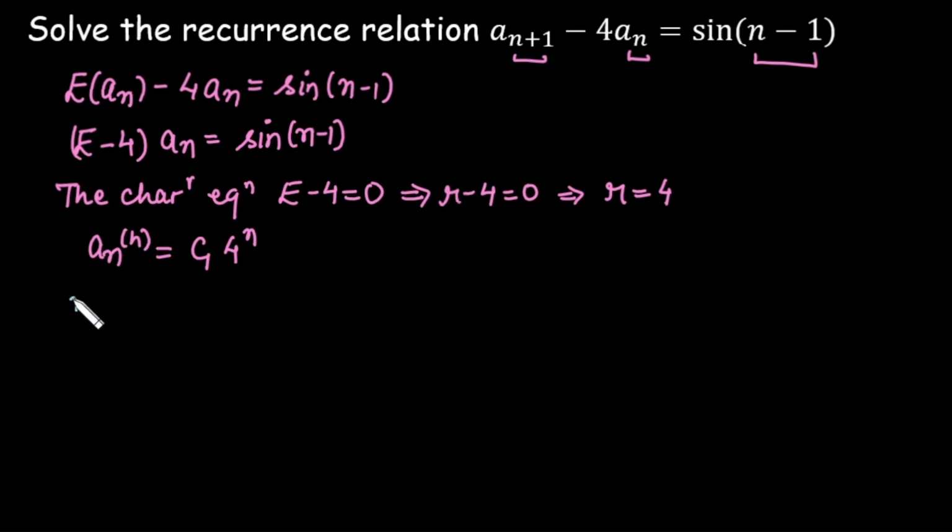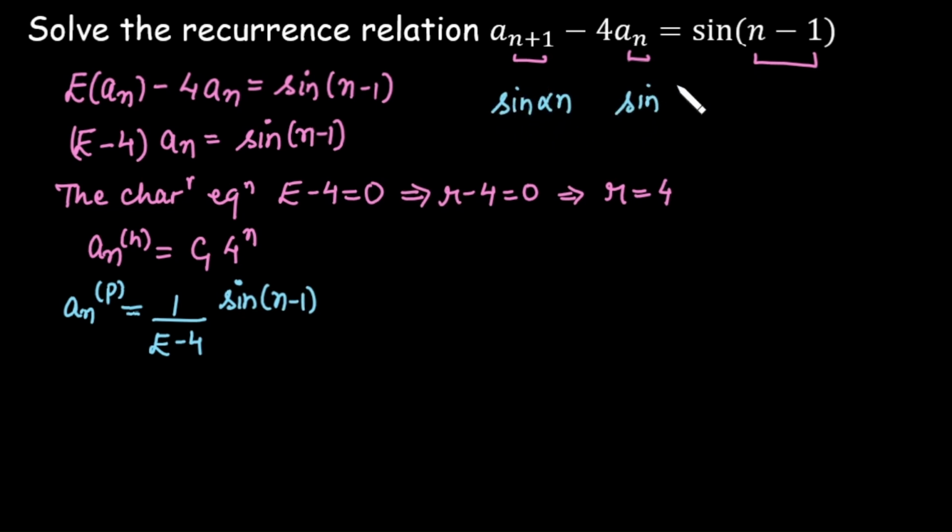Now we can evaluate the particular solution. So particular solution is evaluated as 1 upon this operator, that is E minus 4, sine of n minus 1. As we have learned the formula for the sine alpha n, but not the case of sine alpha n plus some constant.